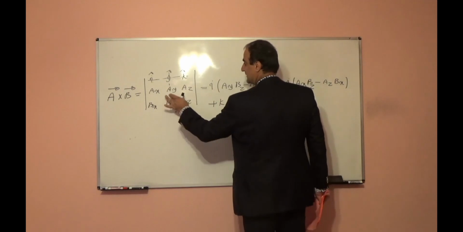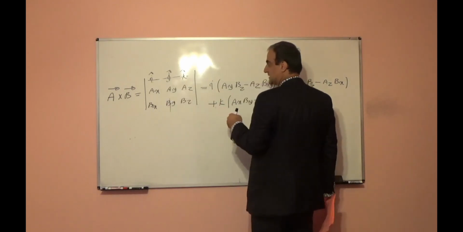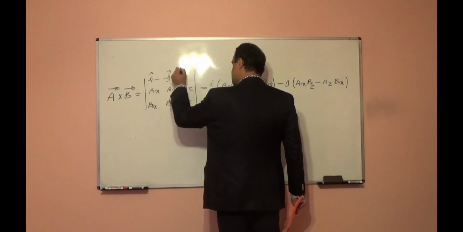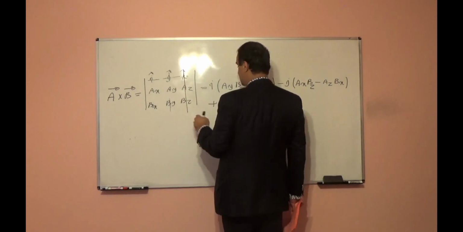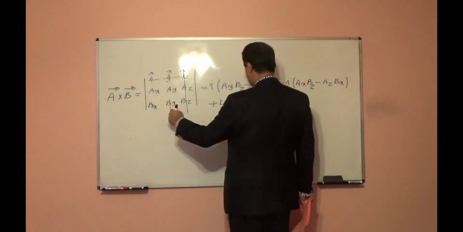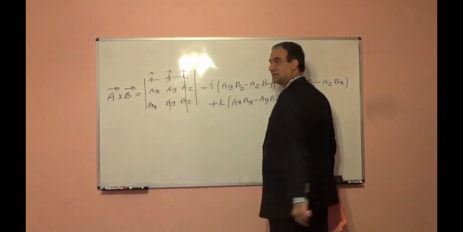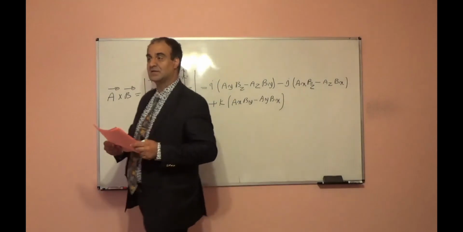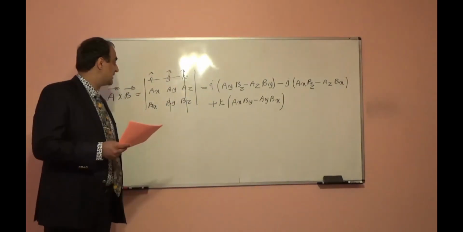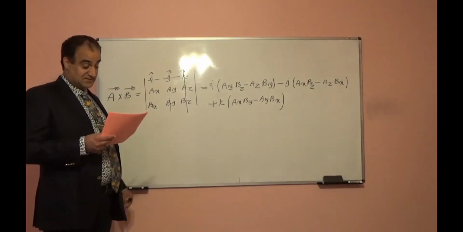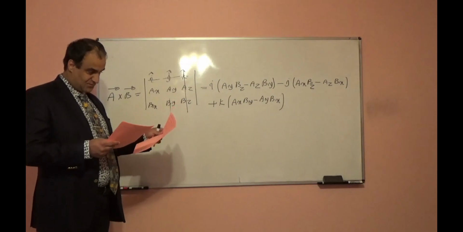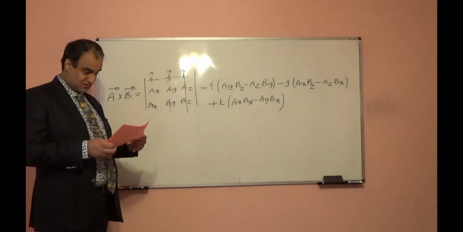For the last one, you put plus k, cancel the first row and third column, plus k times AxBy minus AyBx. This is the way we expand a 3 by 3 determinant. So, this is about the cross product.